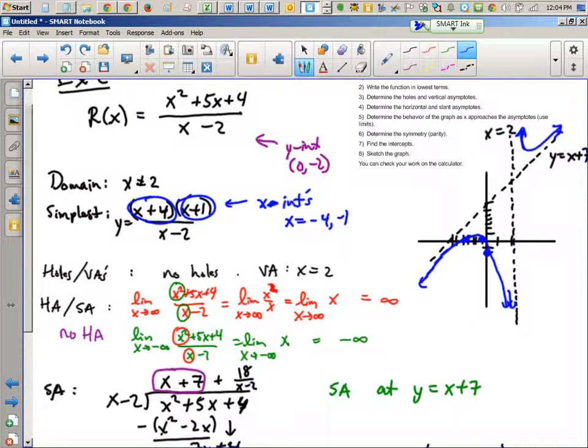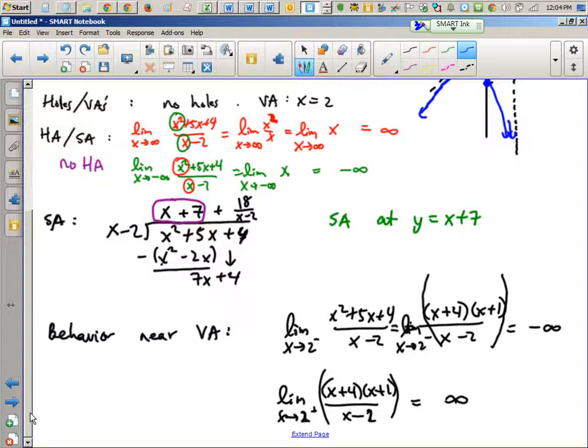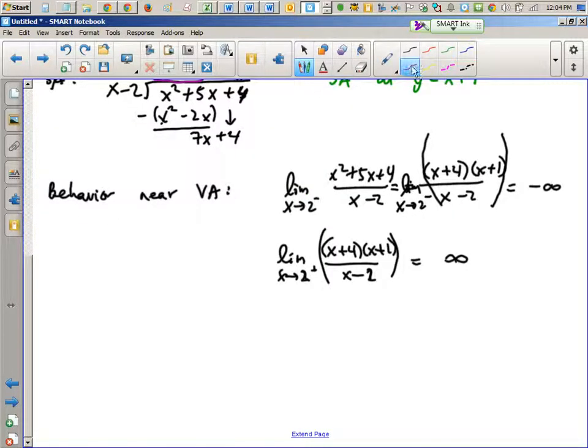Let's try that. It's actually really easy to do. So I'm going to take the equation, which is the blue curve, and I'm going to set it equal to that black line. I'm going to take x squared plus 5x plus 4 over x minus 2, and set it equal to x plus 7 to see what happens. This is sort of just for fun.